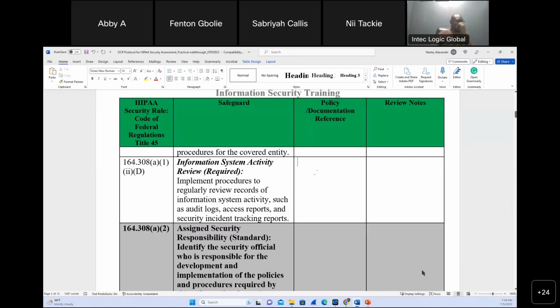What type of documentation do you want them to provide you to know that they are following this? Audit logs, good. Any more? They've listed them: audit logs, system access report, security incident tracking, right?